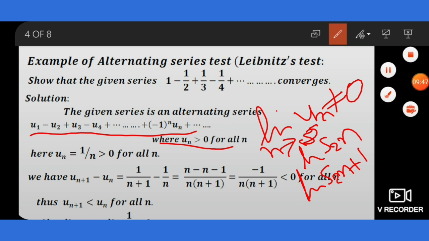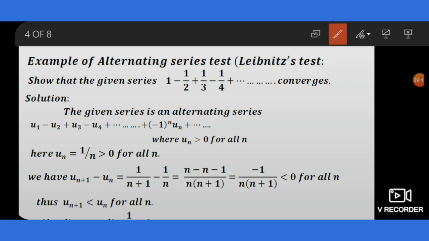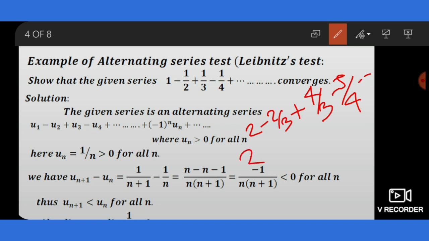For example, consider the series 2 minus 3/2 plus 4/3 minus 5/4 and so on. Here the terms are alternately positive and negative, and each term is numerically less than the preceding term because 2 is greater than 3/2, which is greater than 4/3, and so on.